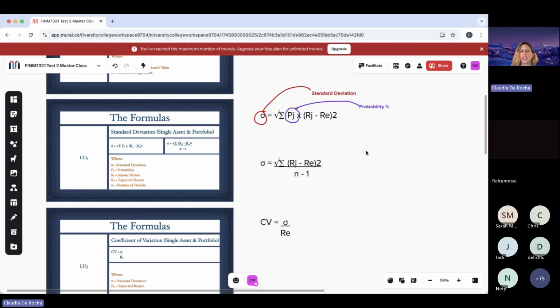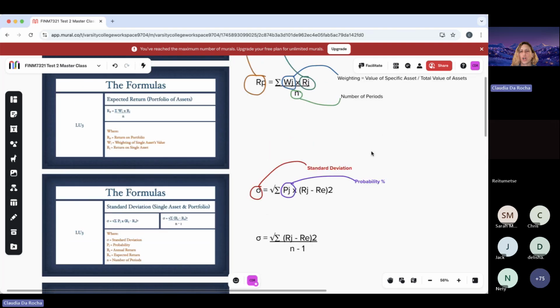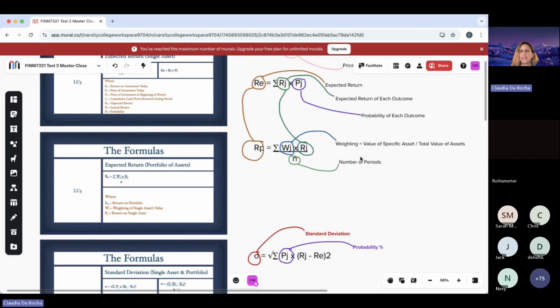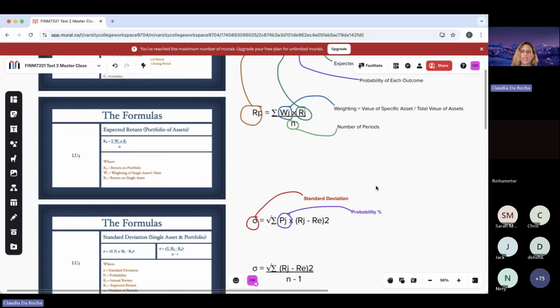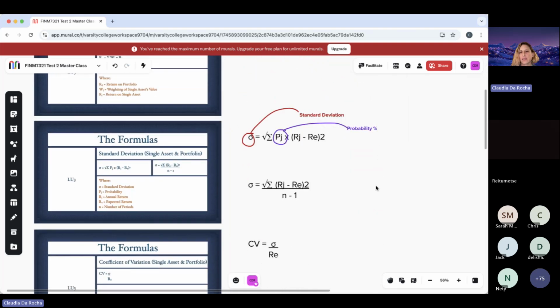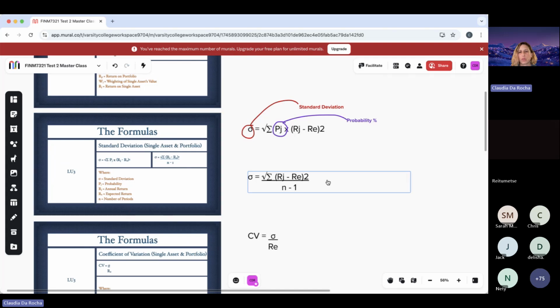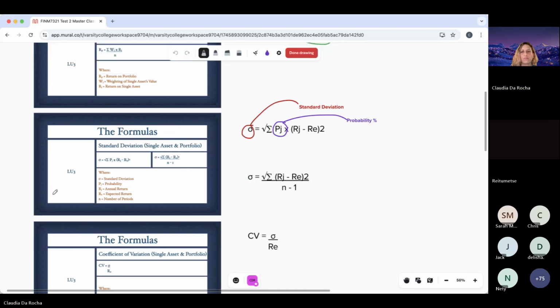Okay, RJ is like we had before. So RJ we had was the expected return of each outcome or of each asset, depending what we're dealing with, if it's a portfolio or not.